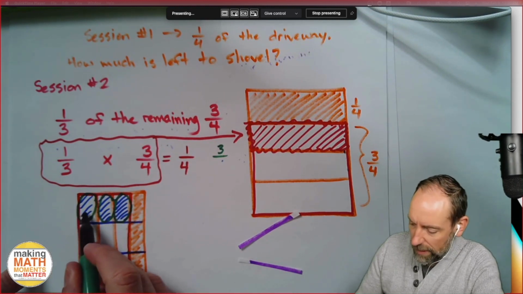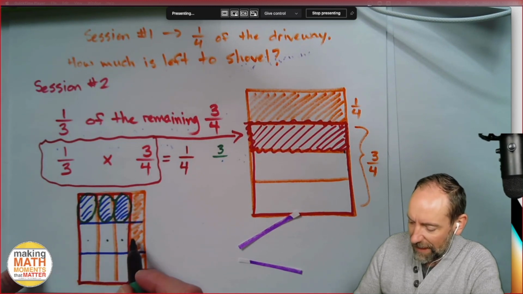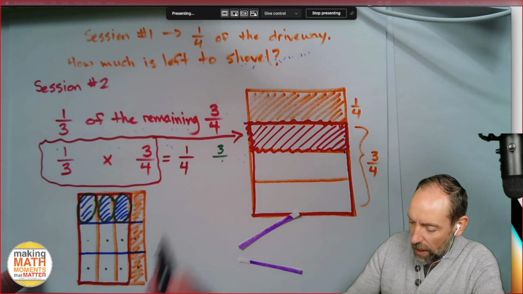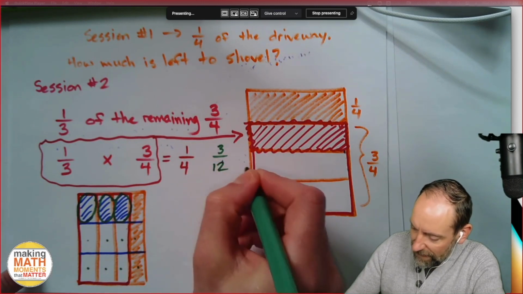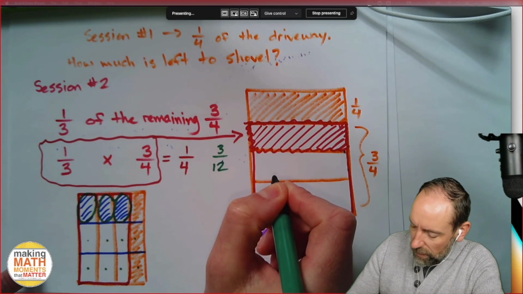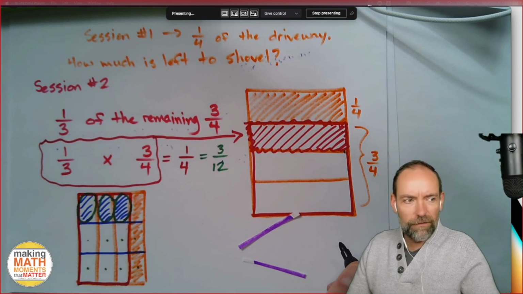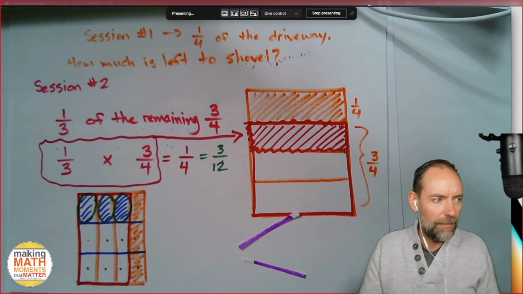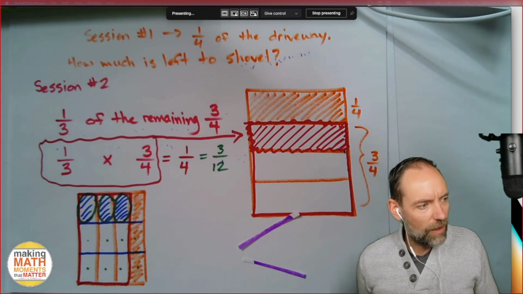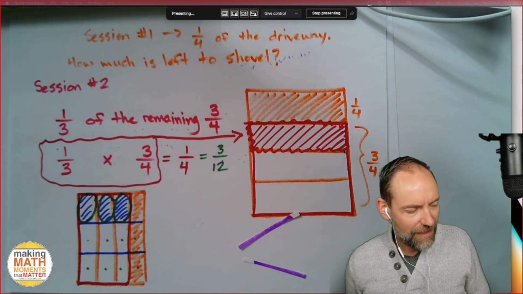They're 1, 2, 3, 4, 5, 6, 7, 8, 9, 10, 11, 12. These are twelfths. Holy smokes. And that actually means that 1/4 must be the same as 3/12. Holy molies. That, my friends, is impressive.